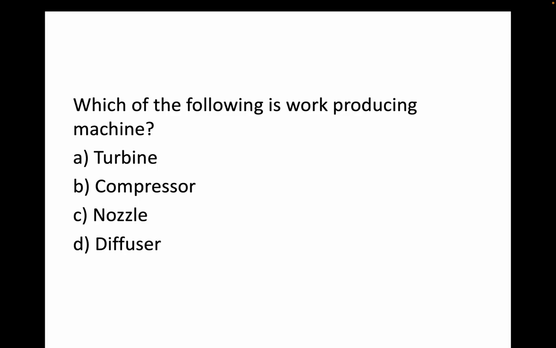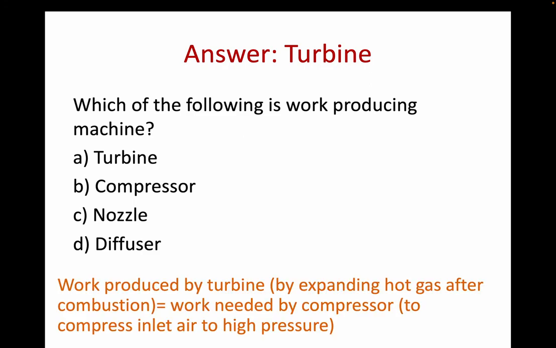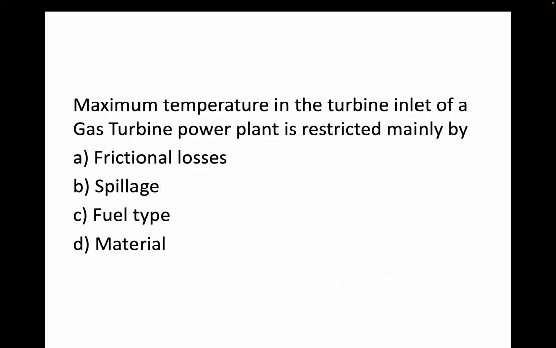So the turbine is the work producing machine. Remember always that nozzle and diffuser don't even have any rotating parts, so they cannot add work to the working fluid, which is air. So nozzle and diffuser are not an option. In compressor and turbine, the turbine is the work producing machine, and the work produced by a turbine goes in running the compressor. So that's the answer.